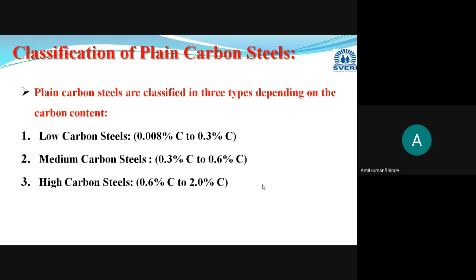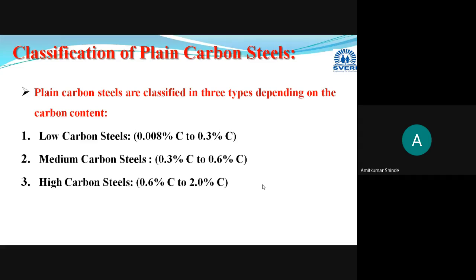Here, the meaning is nothing but this: plain carbon steels containing carbon in the range 0.008 to 0.3% are termed low carbon steel. In the same way, medium carbon steel is plain carbon steel which contains carbon in the range 0.3 to 0.6%, and high carbon steel is plain carbon steel containing carbon within the range 0.6 to 2%.